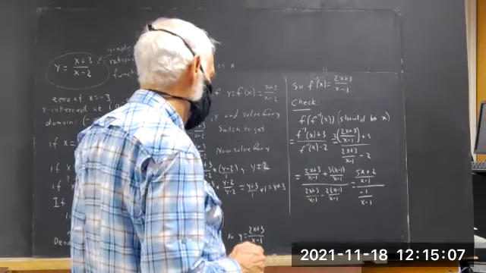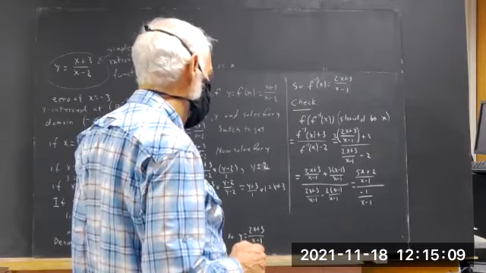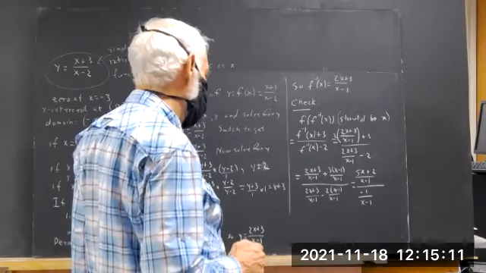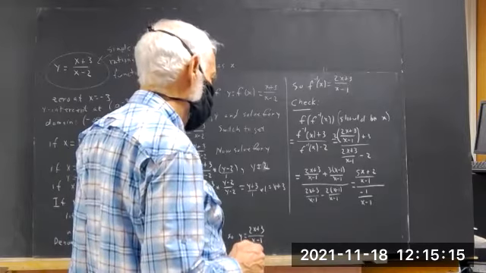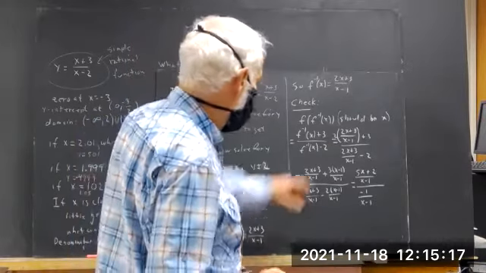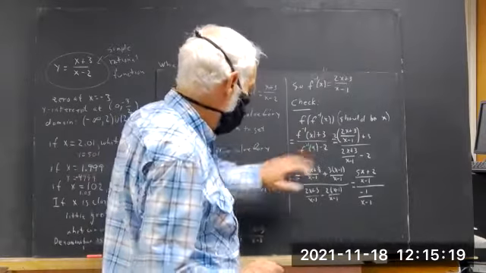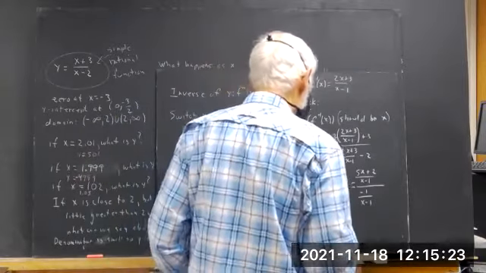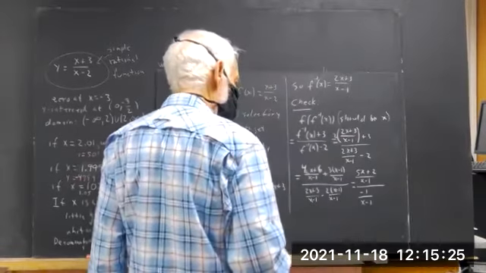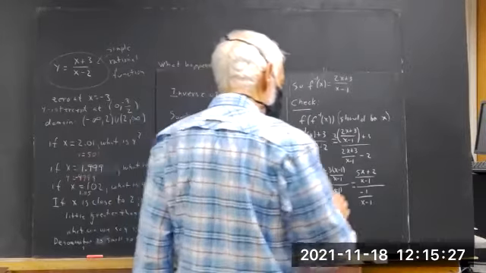And then 2 here, this ends up being a 4x plus 6. Now that ends up 7x.